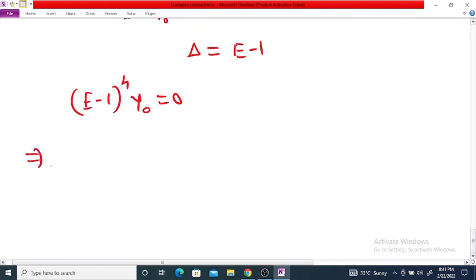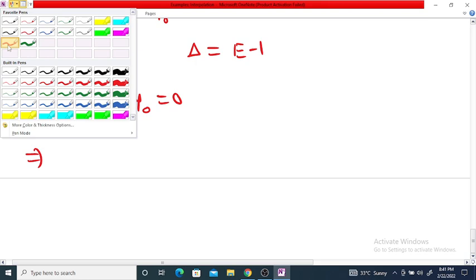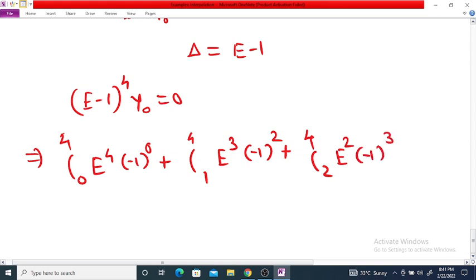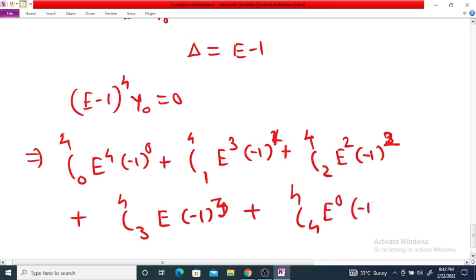If we simplify this using binomial coefficients, it is 4c0 e raised to 4 minus 4c1 e cubed plus 4c2 e squared minus 4c3 e plus 4c4 e raised to 0, into y0, equal to 0.